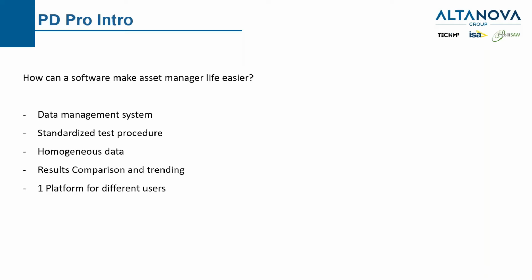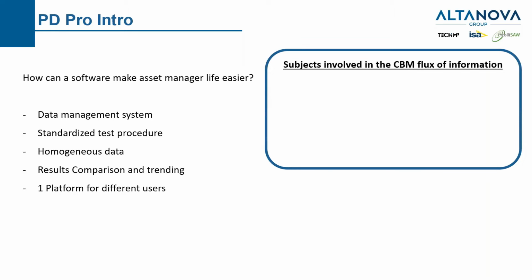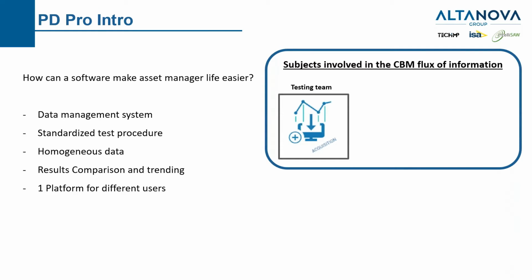So, first, what are the characteristics that a software for PD testing should have to make the asset manager's life easier? You should have a good data management system. You should have a standardized test procedure. You should create homogeneous data. And we should be able to compare results and trending.